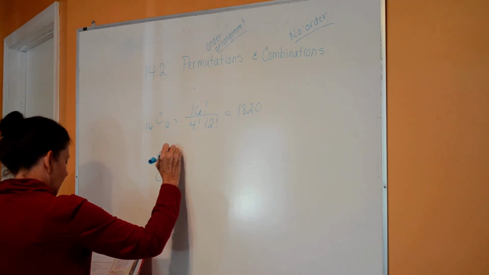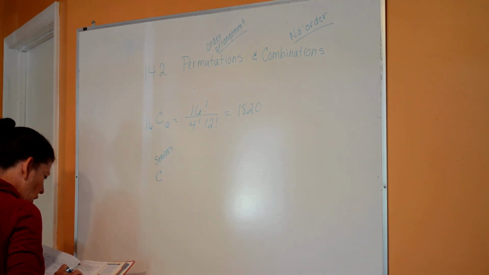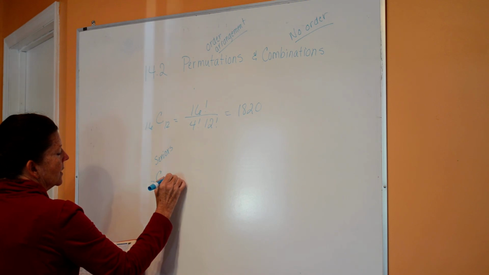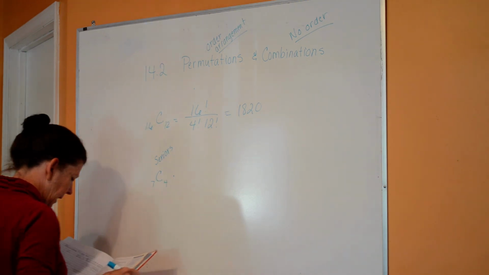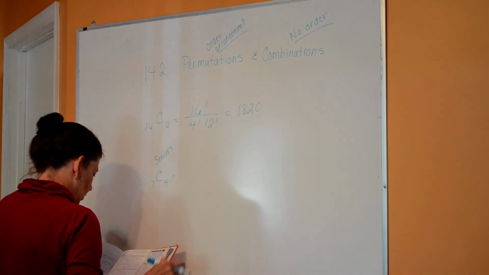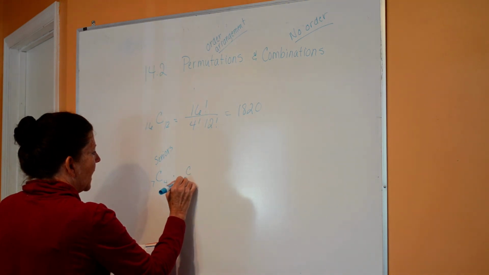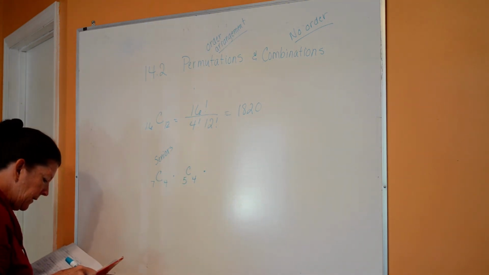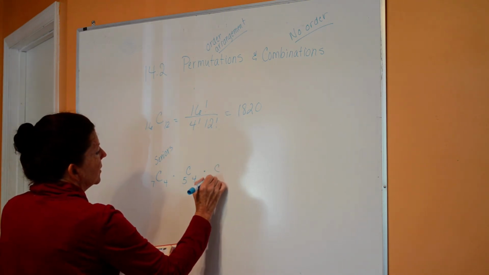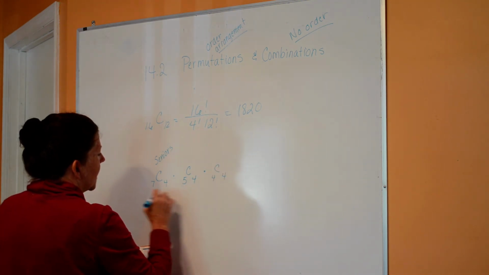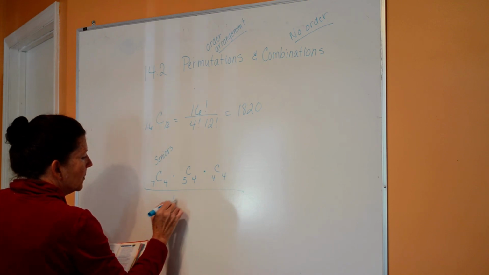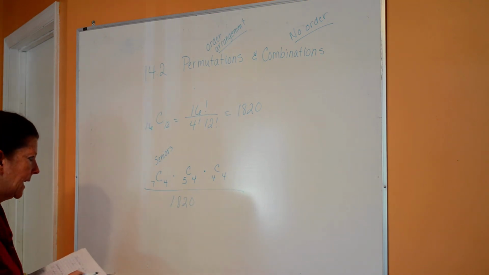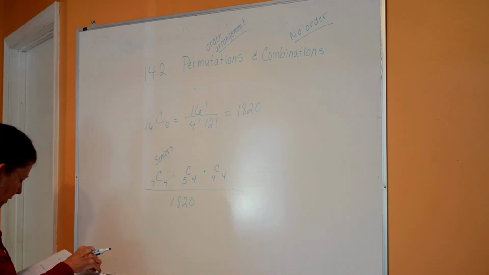If you go back and look at the problem, there are 7 seniors, so it's a combination of 7 things taken 4 at a time. And then juniors is a combination of 5 things taken 4 at a time, because there's 5 juniors. And then sophomores is a combination of 4 things taken 4 at a time. That number is what's going to go on top of that 1,820.